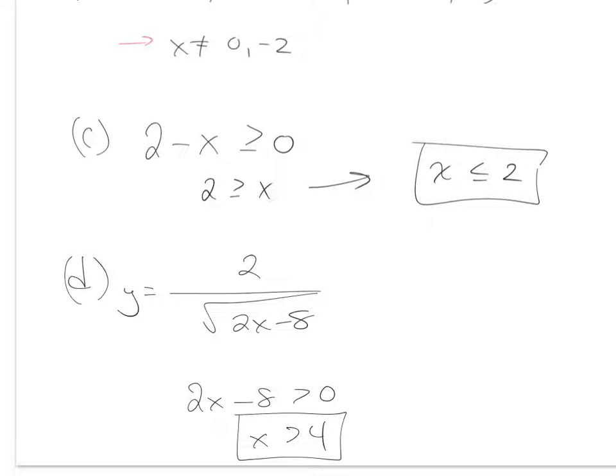Look where the graph starts on the x-axis. It starts right here at 4. Isn't that 4 right there? And then isn't it everything greater than 4? Notice the graph does not exist for values of x that are less than or equal to 4. Our answer was x is greater than 4. Look at the graph. It starts at 4 and it's everything to the right. The domain is really saying where the graph is going to be acceptable.